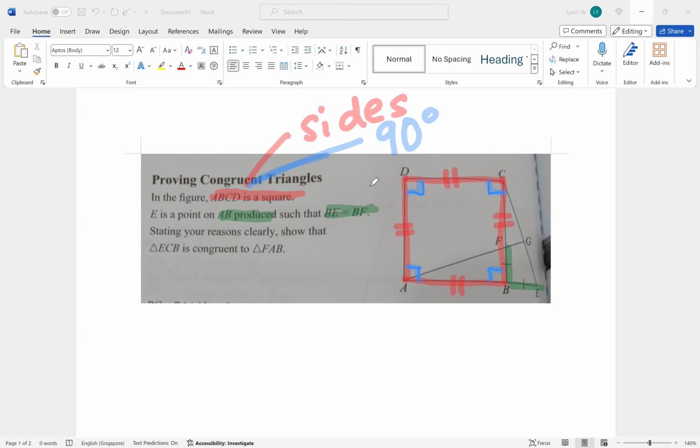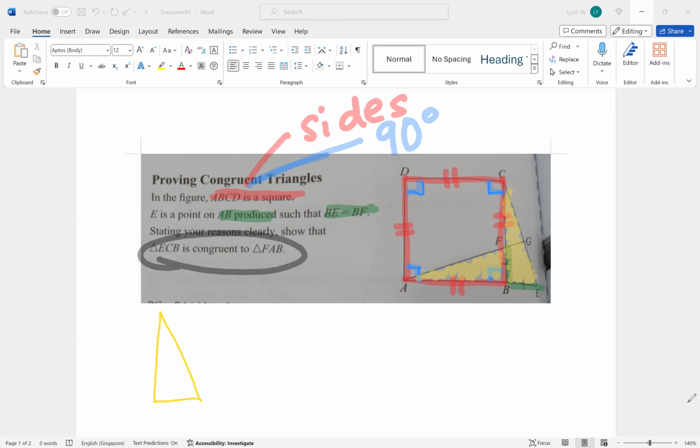So they already draw the starting line for you. Guys, can you see here? They want you to show ECB, so I roughly highlight ECB, and FAB. Okay? So right now, I will roughly draw out ECB as my draft triangle.